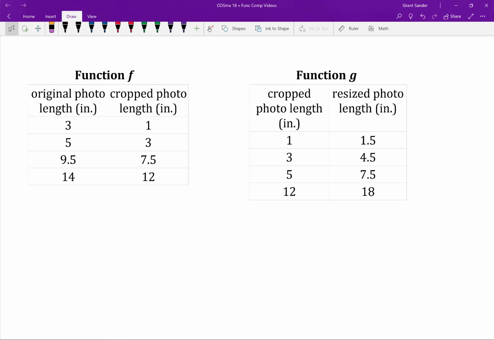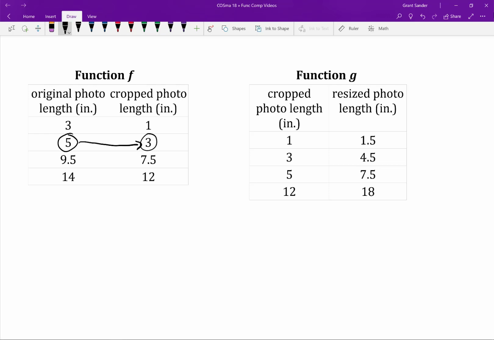Let's consider the scenario where the original length of the photo is 5 inches. So if the original length of the photo is 5 inches, we see that value represented here as the input to this function f. The table tells us that the corresponding output of the function f is 3, meaning that when we crop off 2 inches from the right-hand side, the cropped photo length is 3 inches.